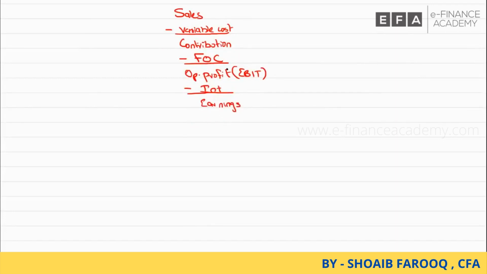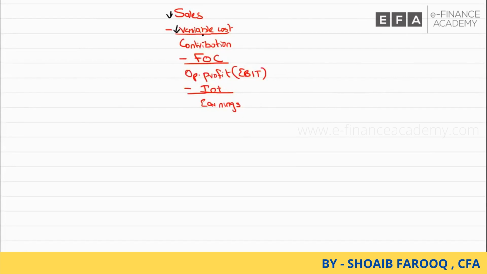As long as you remember this, hopefully it's going to become a lot easier to come up with the formula for degree of operating leverage and financial leverage. All right, so as we said before, if for any reason your sales are declining, and that is referred to as sales risk, which could decline due to price or volume decline, then your variable cost also declines.